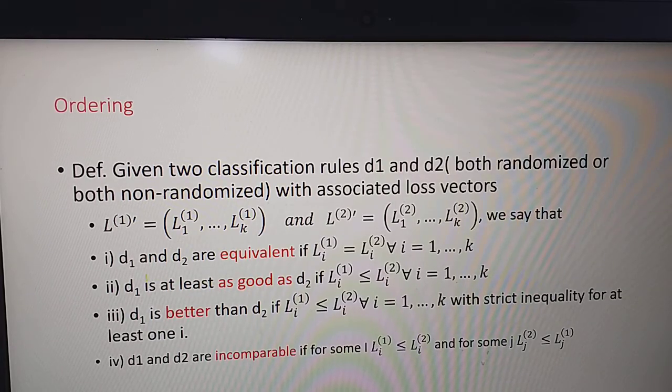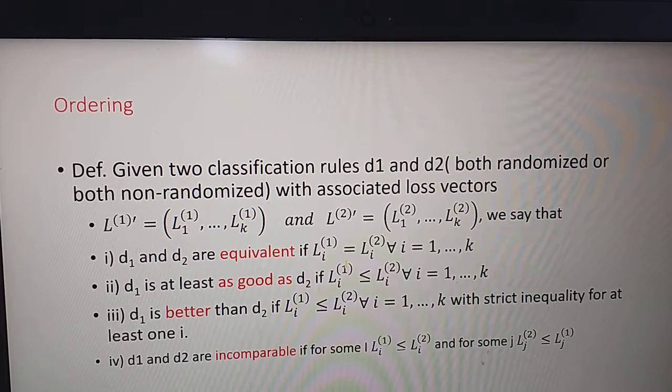We say that D1 and D2 are equivalent if Li1 is equal to Li2 for all i. Okay, this is very clear. If the corresponding components of L1 and L2 are all equal, then D1 and D2 are said to be equivalent.